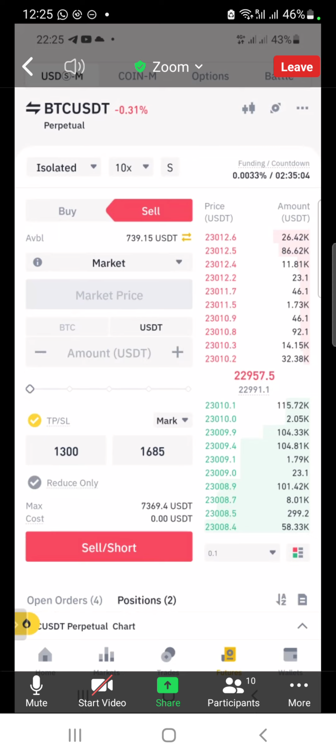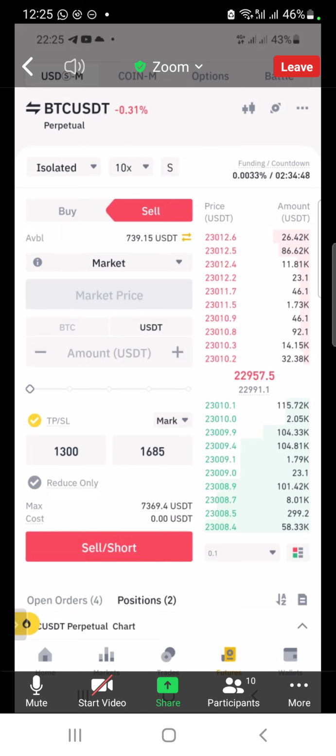Remember, you entered at 22.957, right? And we are shorting. Remember the definition of short? It means that you are predicting that the price will come down. So you enter and take profit downward.